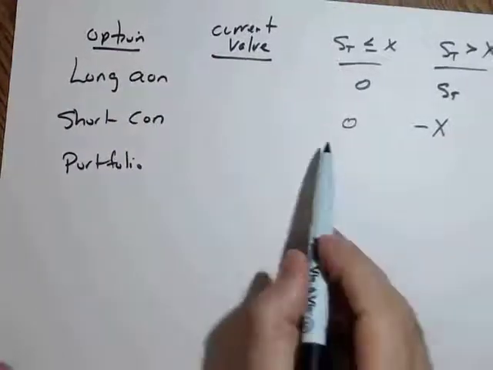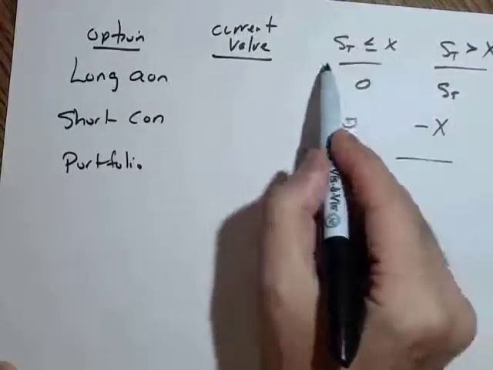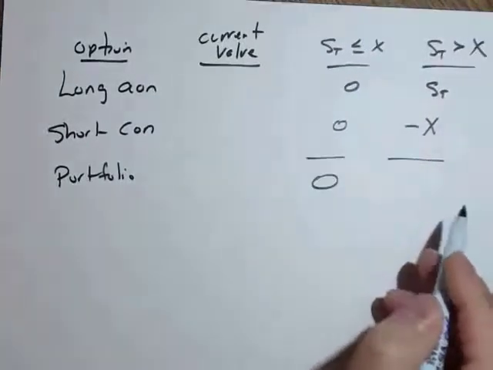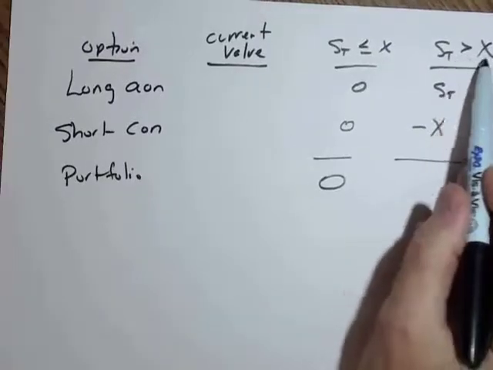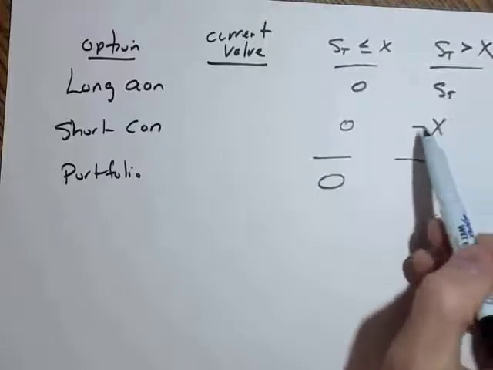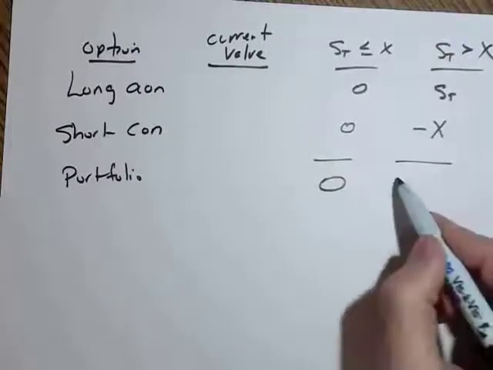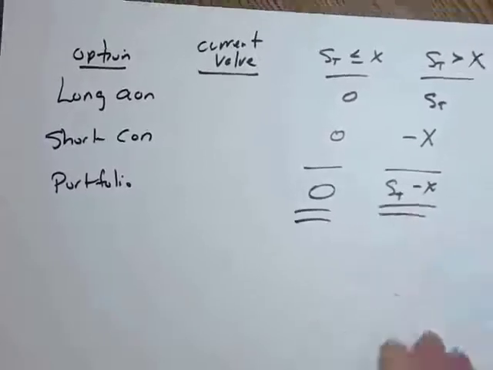So if you add these up, what do you get for the portfolio? Well, if the stock price is below the strike, you're going to have a portfolio with a payoff of 0. And if the stock price is above the strike, the long asset-or-nothing pays off the stock price, the short pays off minus the strike, and so it's ST minus X, which, again in another way, tells you that's the same payoff structure as a standard plain vanilla call option.